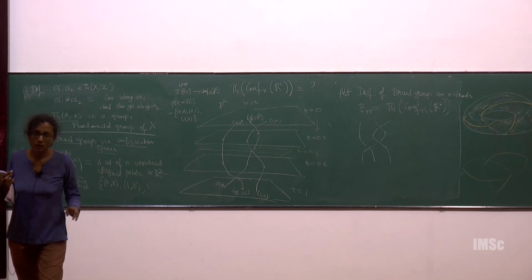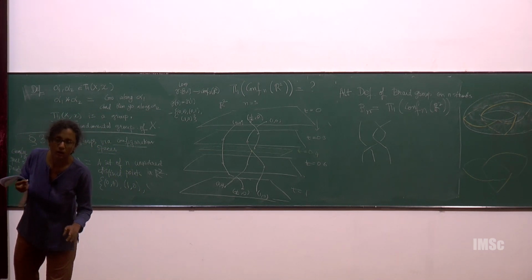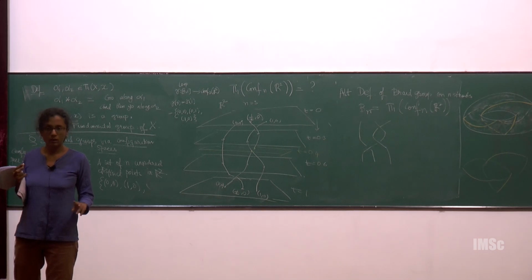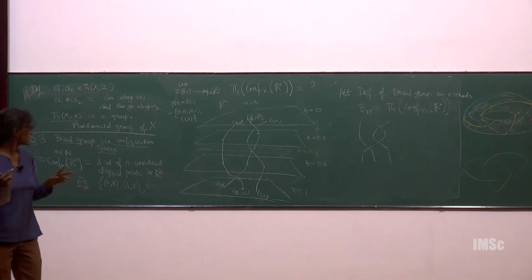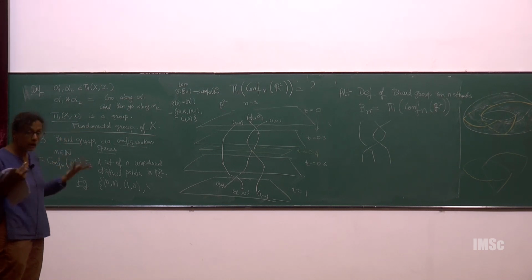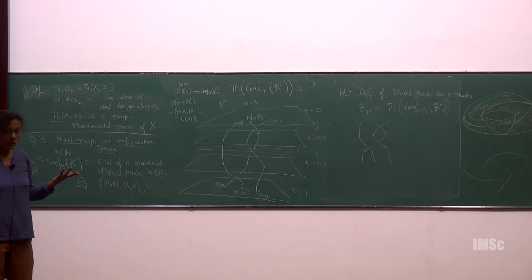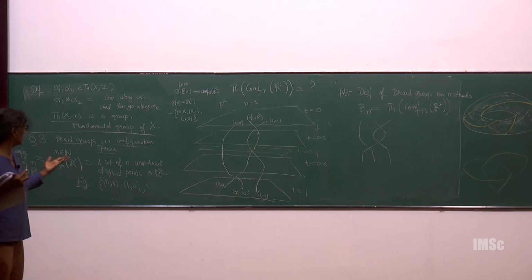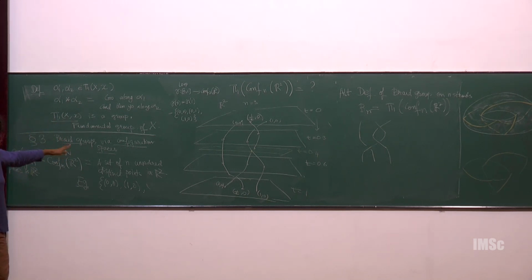Say it again. Conf n R2, is it not a discrete topological space? No, n points, but in R2. So they are moving in R2. So it's not a discrete space. So that's kind of the interesting thing. In general, the pi 1 will be discrete.